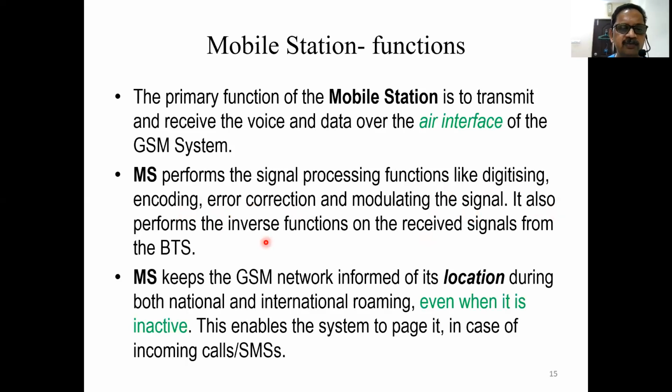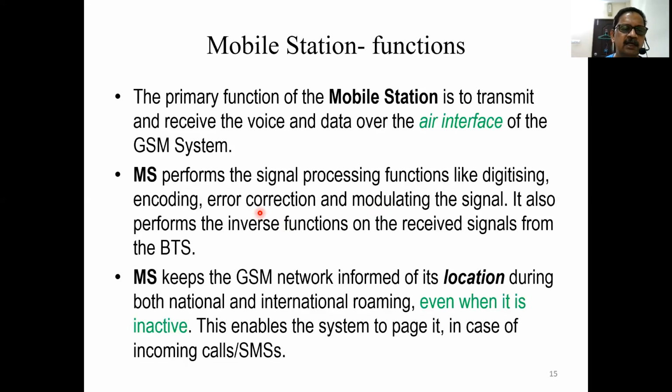It also performs the inverse functions on the signals received from the BTS. When it is receiving signals from the BTS, it has to do the reverse functions like demodulating. Once again, if any error is there, it has to do error correction.